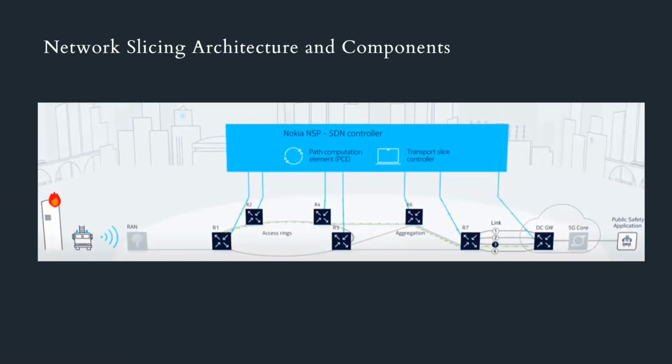And in here, this figure actually shows an instance where the transport network, which consists of all the routers and switches, is connected between the RAN and the core network. The RAN network is in here, which is the network which is directly connected with the user devices.